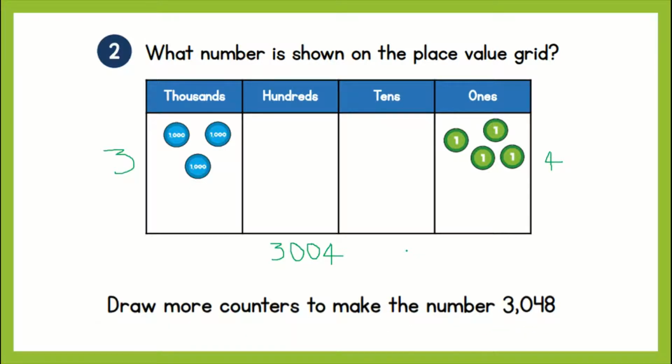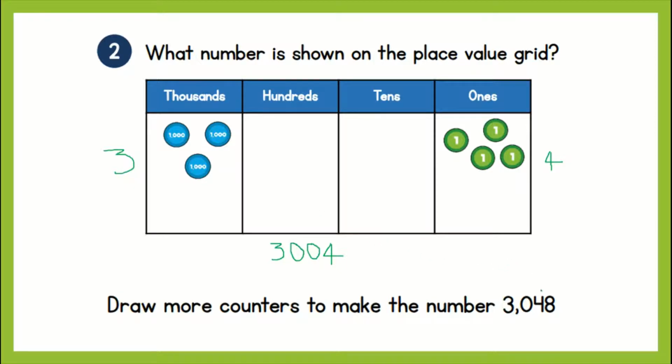The second part of this question is to draw more counters to make the number 3048. So if we start with the thousands column, there's 3 and there's also 3 here, so we don't need to add any. In the hundreds column, there's 0 and there's 0 here, so that stays the same.